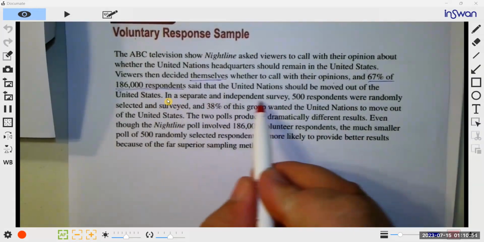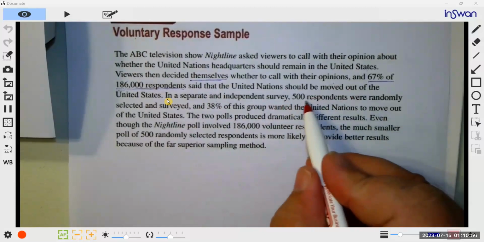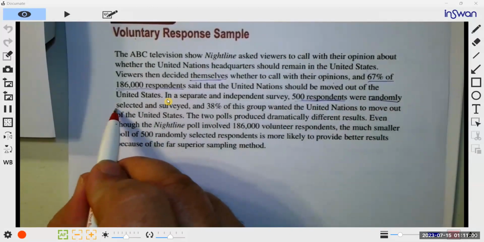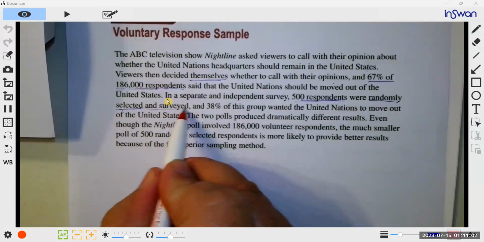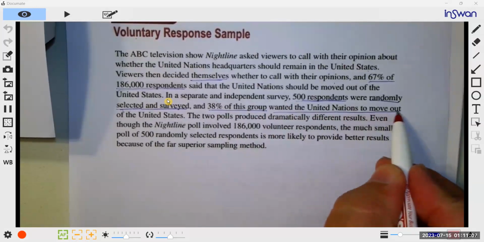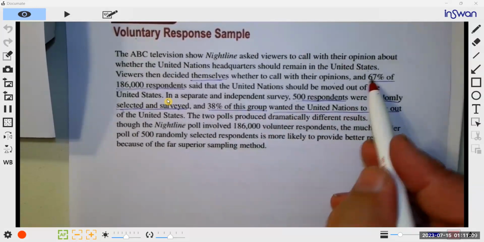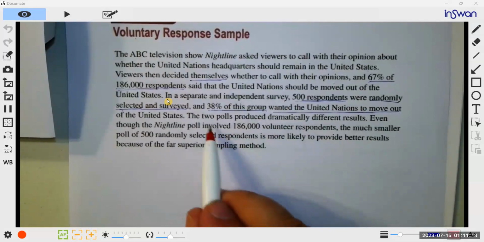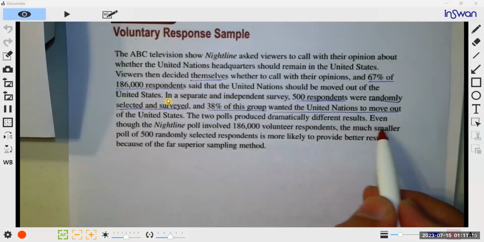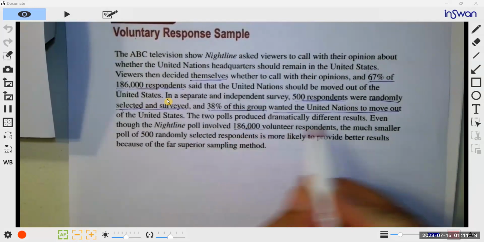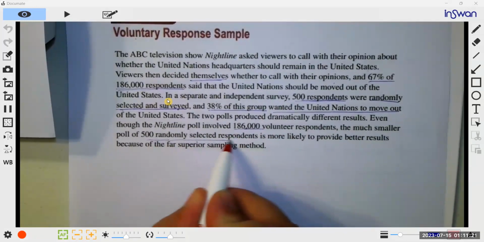In a separate and independent survey, 500 respondents were randomly selected and surveyed, and 38% of the group wanted the United States to move out. It's a big change. The two polls produced dramatically different results. Even though the Nightline poll had 186,000, the other one had only 500 randomly selected.